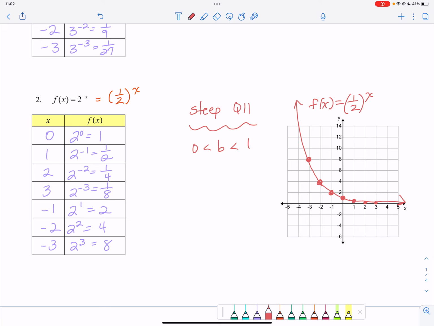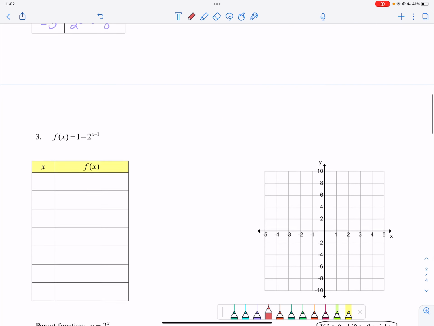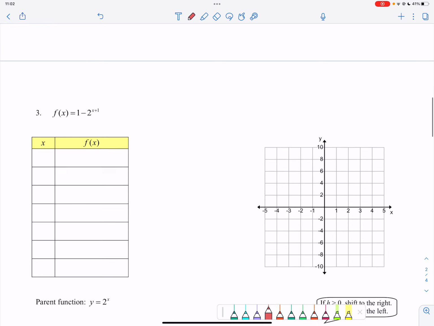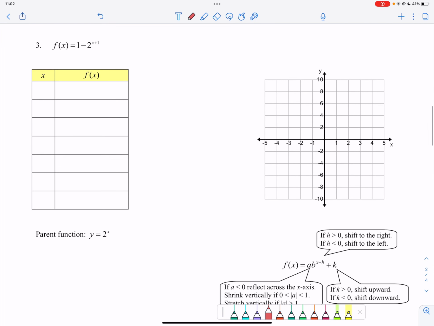let's take a look at number 3. We have 1 minus 2 to the x plus 1. So we can go ahead and plot some points first, but then I want to talk about the transformations that have taken place. We'll use those same x values and maybe take a moment to fill these in.